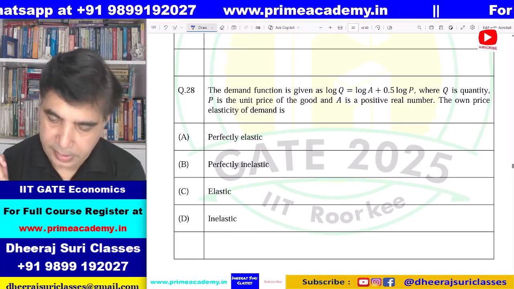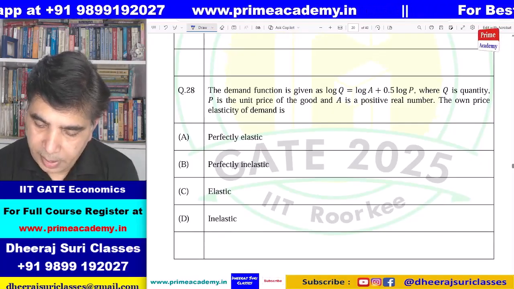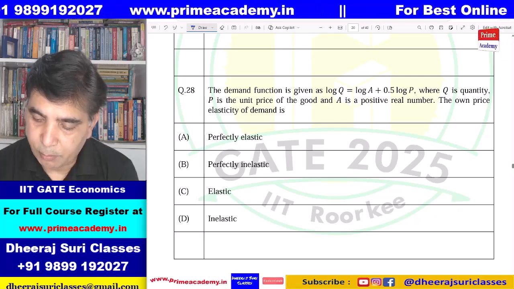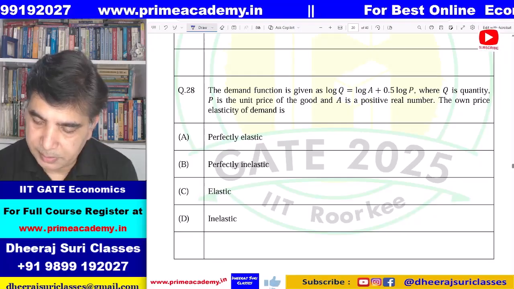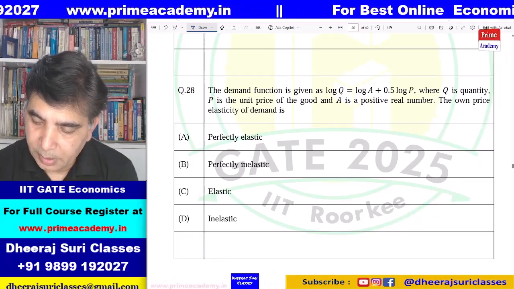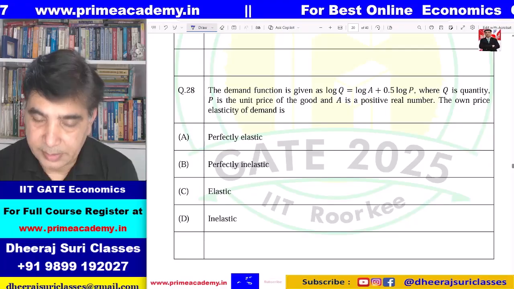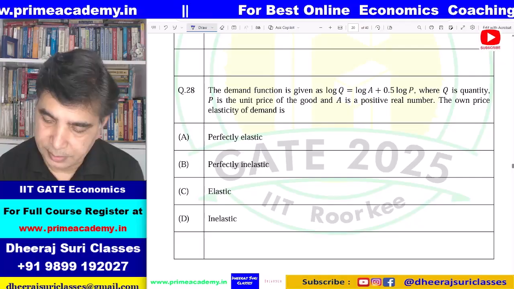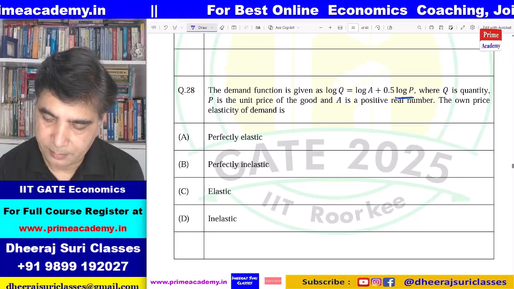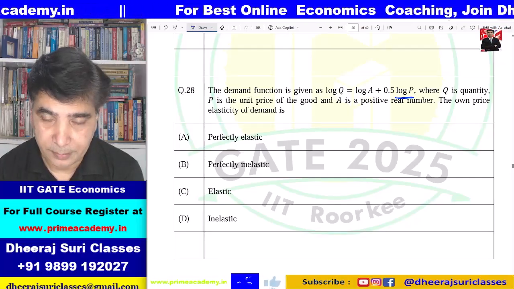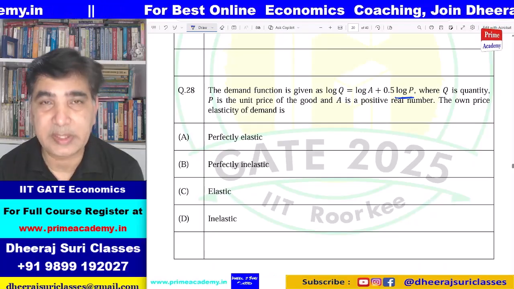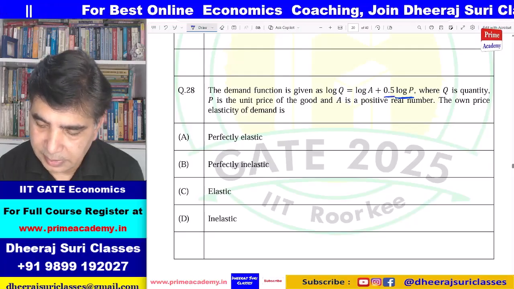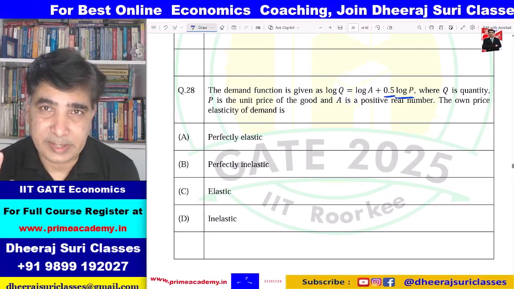The next is 28th question. The demand function is given as log Q is equal to log of A plus 0.5 log of P. Q is quantity, P is price, A is positive real number. The own price elasticity of demand is. See, we have studied this in multiple log linear function that the coefficient of log P, in the function log Q is equal to something plus alpha log something plus beta log P. So here this beta 0.5 is the own price elasticity, right?